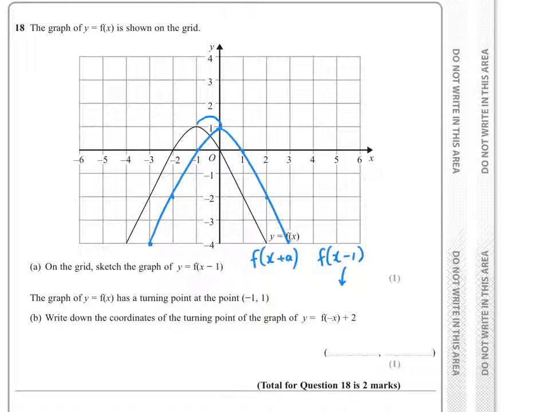And then the graph of y equals f of x has a turning point at the point negative 1, 1. As shown here, it's the maximum. It says write down the coordinates of the turning point of the graph y equals f of minus x plus 2.